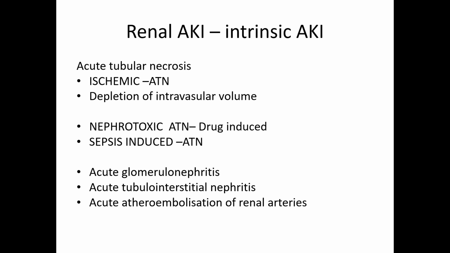And there are certain renal diseases such as acute nephritis, acute necrotizing vasculitis, acute tubulointerstitial nephritis, or bilateral disease of the renal artery. For example, if both the renal arteries get embolized, the circulation of both kidneys will suffer, and these patients can have acute kidney injury.